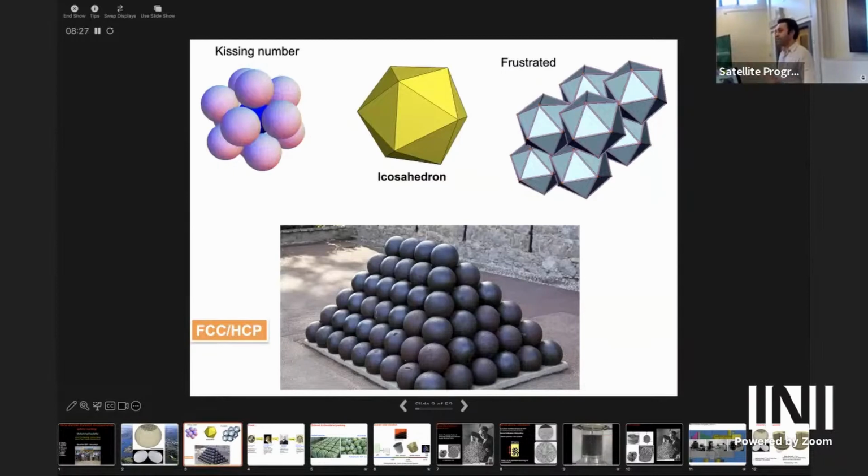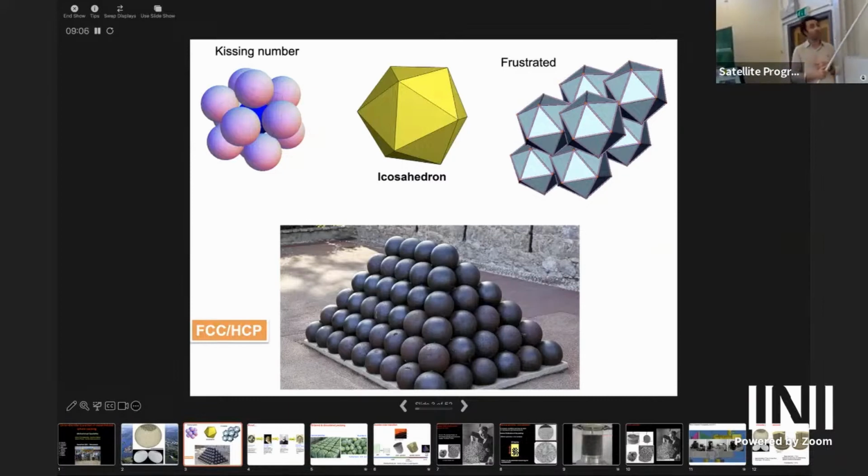So we learned over the last few days, a couple of weeks maybe, that the best way you can pack spheres together is what's known as the kissing number. You have a central sphere. From here on, we are talking about more or less identical sized spheres, so mono-size packing of spheres. Wherever we have some polydispersity, I will mention that.